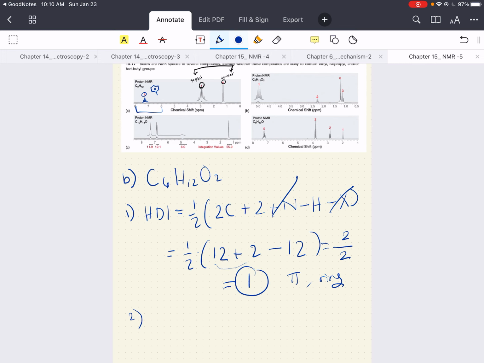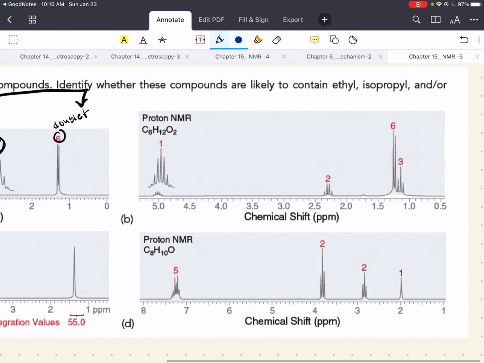Step 2 is to look at what we have going on here and try to pick out any patterns. Here we have a triplet with integration 3, a doublet with integration 6, a quartet with integration 2, and around 5, we have a septet with integration 1.